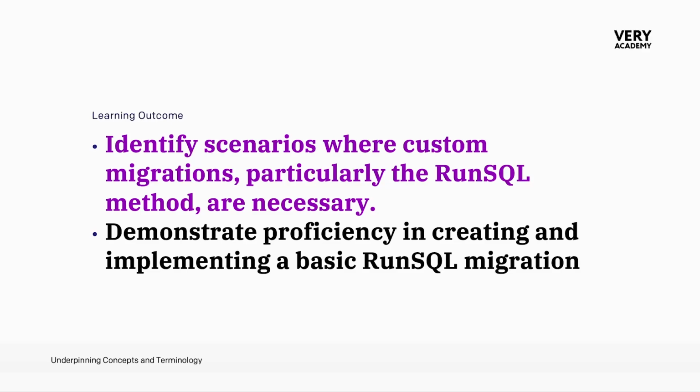We've seen that we can leverage the RunSQL method to perform raw SQL queries so that we can apply these advanced operations on the database. Like I said, next up, we'll take a look at some deeper examples of utilizing RunSQL and think about some scenarios where we would actually need to think about creating custom migrations.